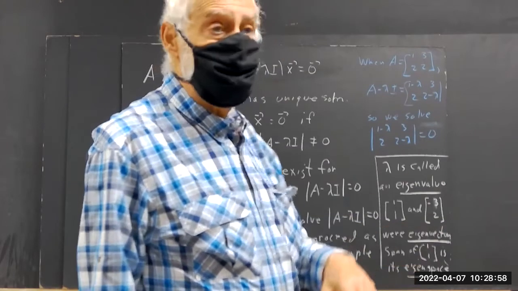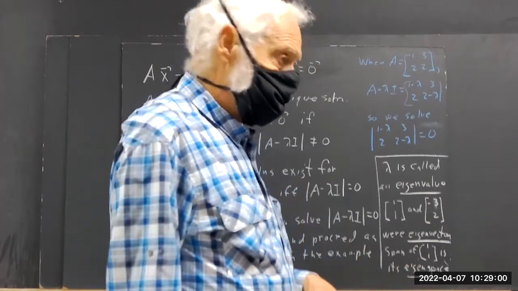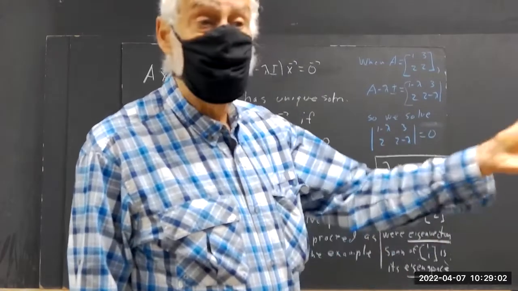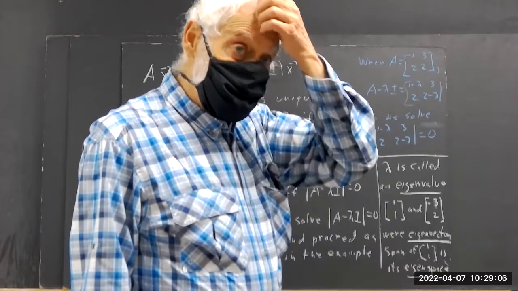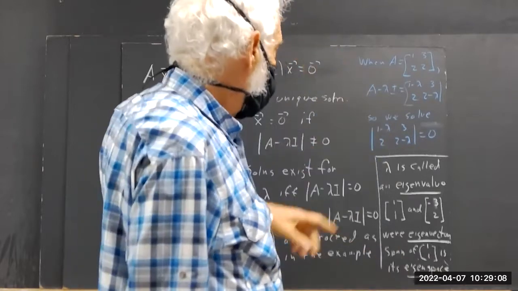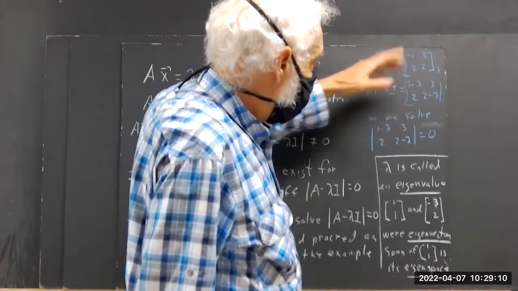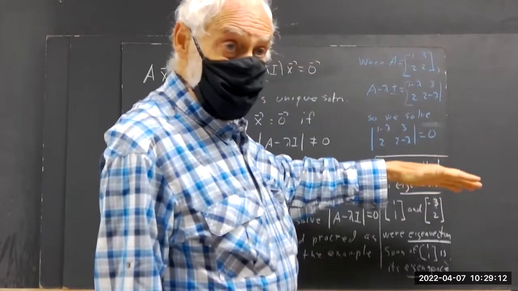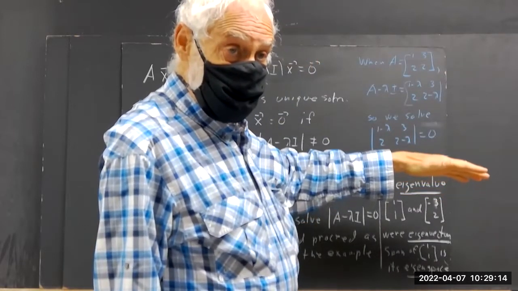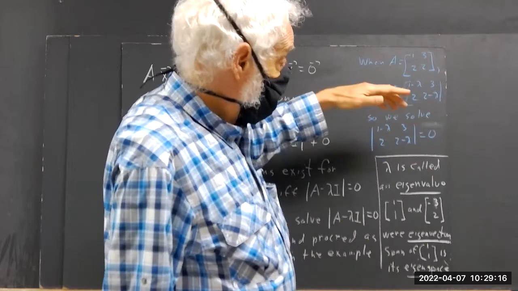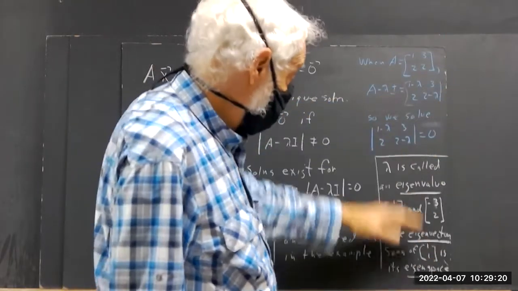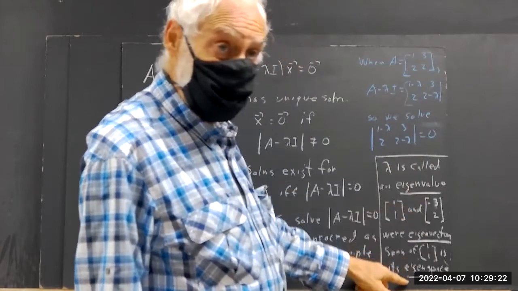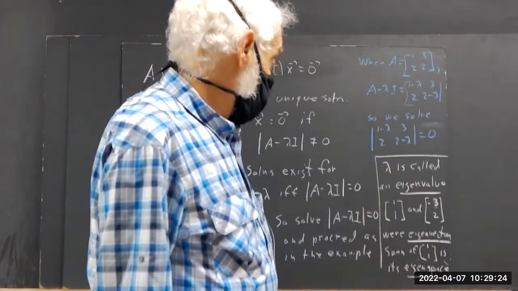So if you got an eigenvalue of 2, as in the example your book gives, and you plug 2 into this 3 by 3, I'm waving my hand on this, we'll write it out. I'm just going to give you an idea of how eigenvalue, eigenvector, and eigenspace are related.